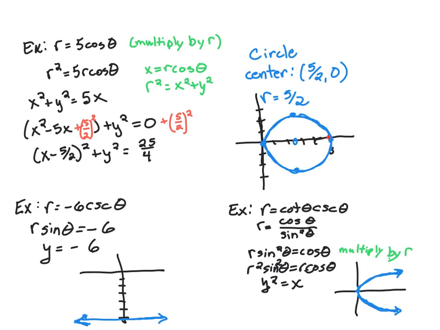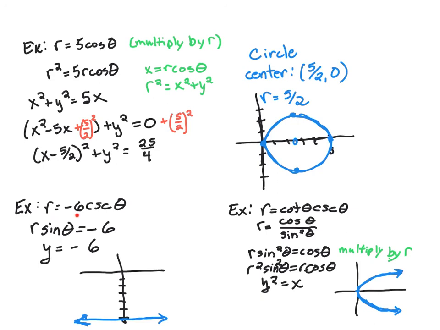Starting at 0, I graphed through the first quadrant all positive values until I got to pi over 2 where it was 0. And then as I rotate through quadrant 2, r's are negative, and I go back to where I get to pi, and I'm at -5. So you see, going from 0 to pi gives me this circle, and you'll see that better in the next video.